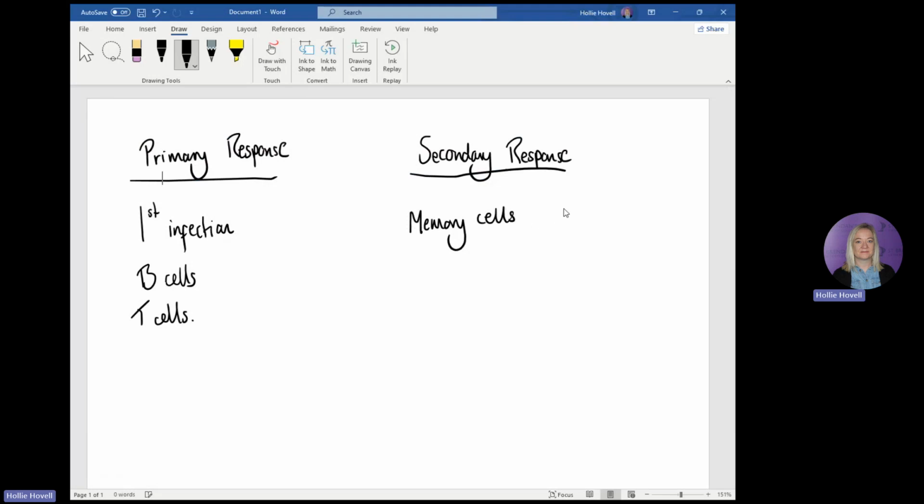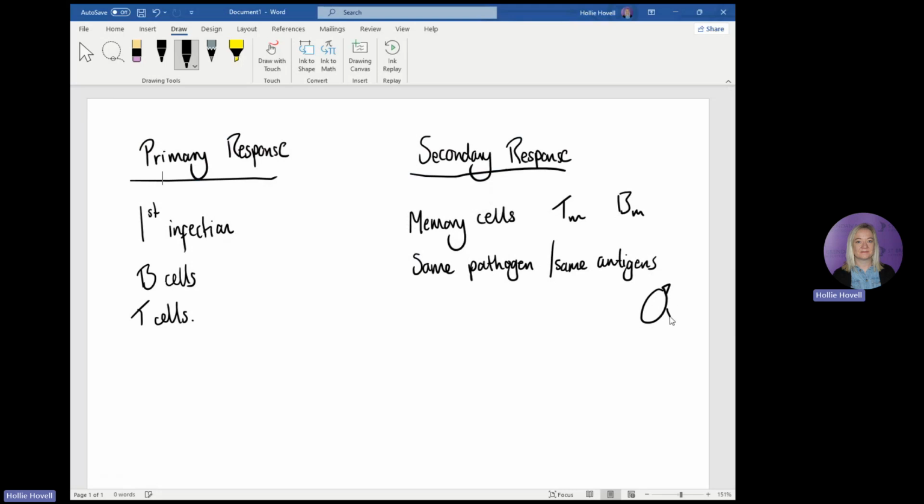So there were two types of memory cells, weren't there? There were T memory cells and there were B memory cells. So those memory cells will have stayed in our blood for years. And if we're infected a second time by the same pathogen, and this is really important, it needs to have the same antigens on the surface. Now, sometimes pathogens actually evolve.